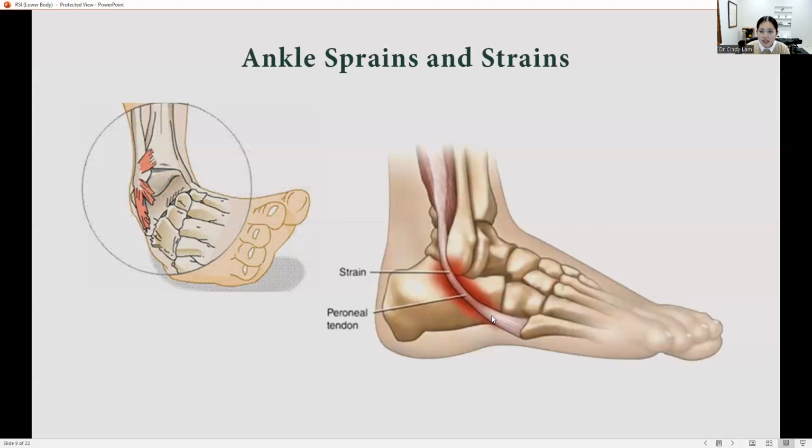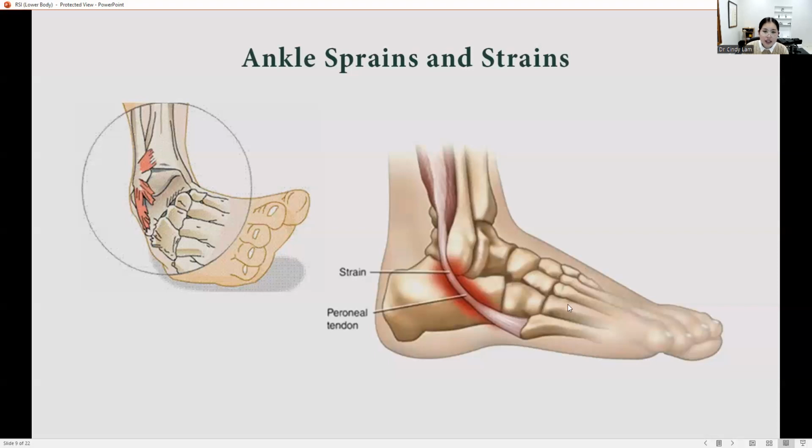The peroneal tendon is a tendon on the outer side of the foot. This is more common in people who have what we call inversion sprains, when the foot goes in, and that tendon, when it's inflamed, can lead to that chronic dull pain, even though the ankle in itself is no longer swollen and the ligaments are actually a lot better.